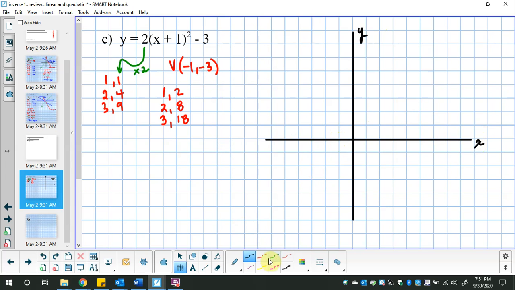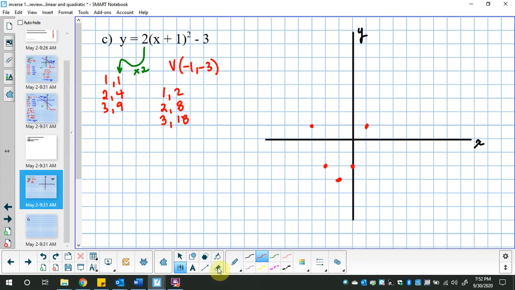As I said, the vertex is -1, -3. Then from there, normally I'd move 1, 1, 2, 4, 3, 9, and then I do it all again on the other side.